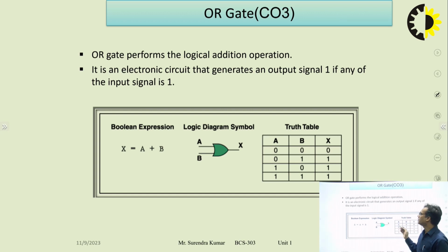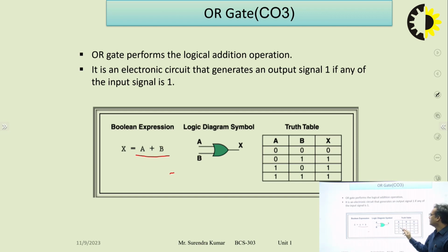This is a truth table for the OR operation, OR gate, as x equals A plus B, ORing of A plus B. This is its logic diagram symbol, and it is true for all those values of A and B if any one of them contains 1.